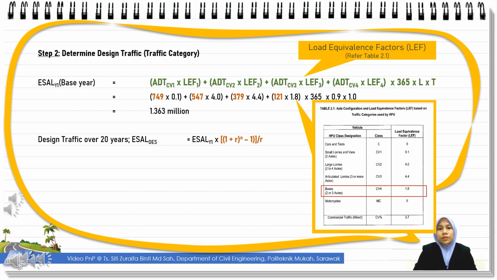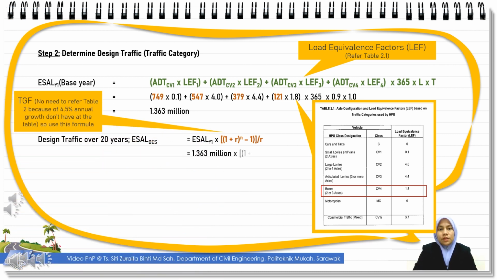So you need to use the following formula. When you get the value of axle design, you must refer to table 2.5 and match it with the suitable value from the list of traffic category.